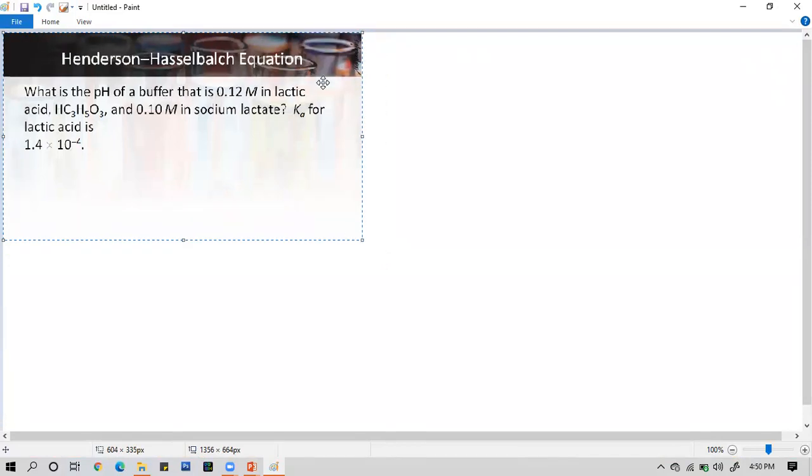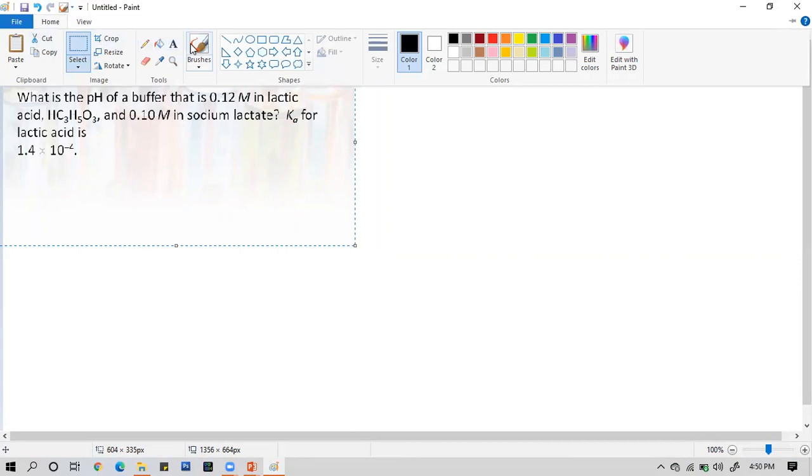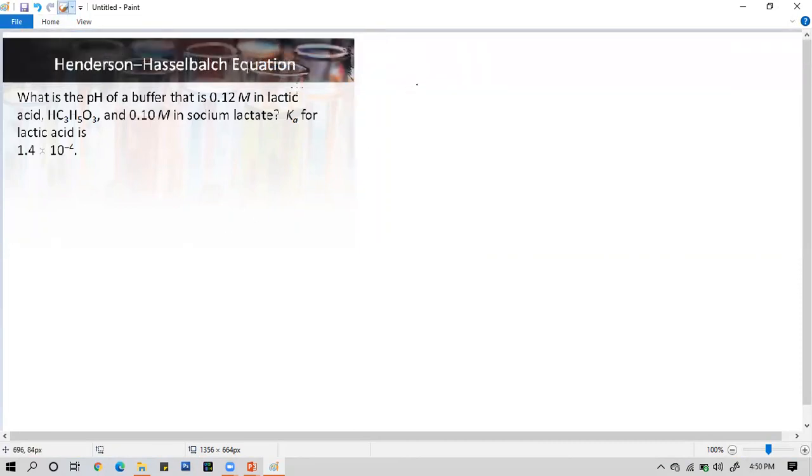First and foremost, ang gagawin natin dito is identify the given. So given natin dito is the concentration of sodium lactate, ilalagay ko na lang guys na lactate, which is 0.10 molar.